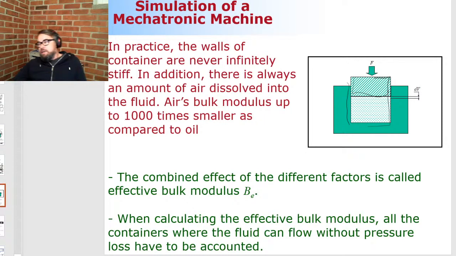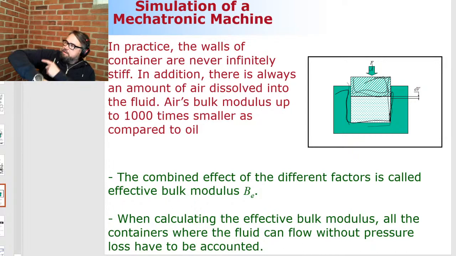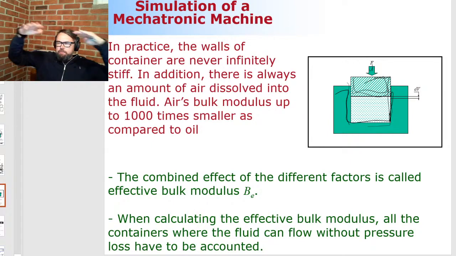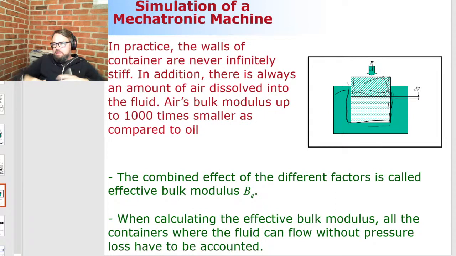You understand that if this container is made out of rubber material, and you introduce a big force to this lid, of course the container will expand. The fluid will compress, but the container itself will expand. So there is a mechanical deformation, which could be, in many cases, very significant.